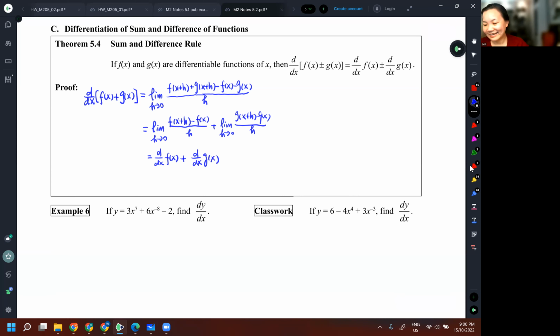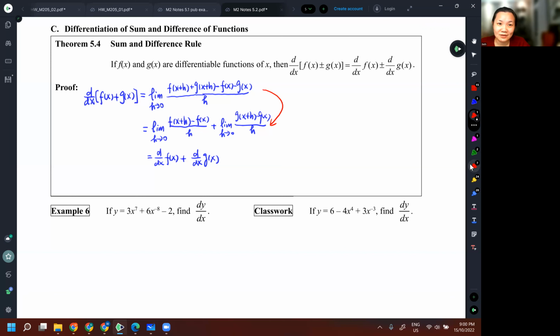Okay, it's a very simple rule. The proof is also very short. Now from here to here, I used the property of limit again. So you can see how the properties of limit in the past are affecting the rest of our learning.